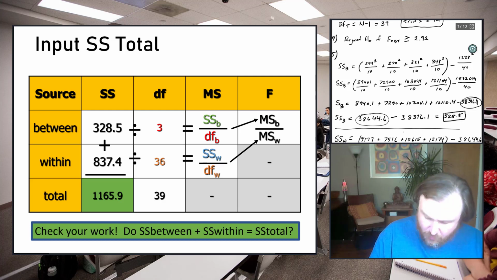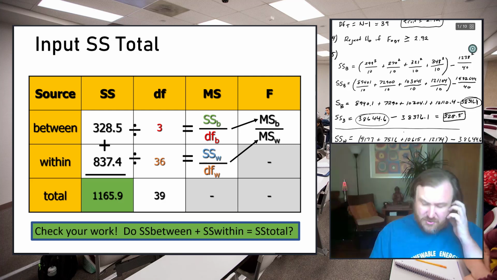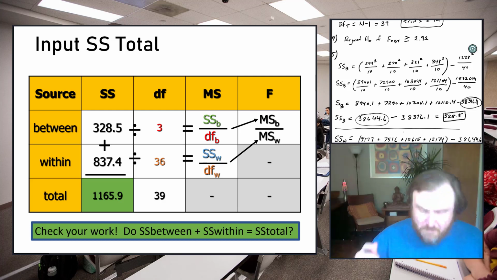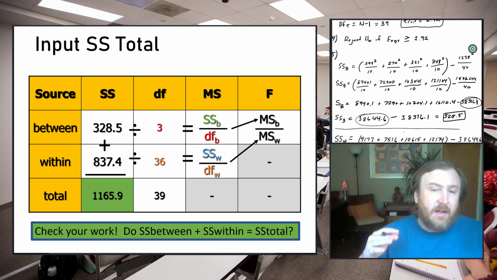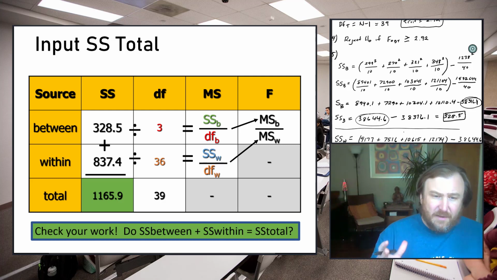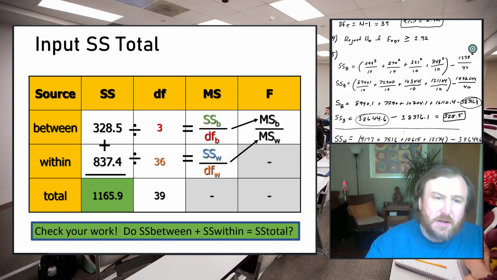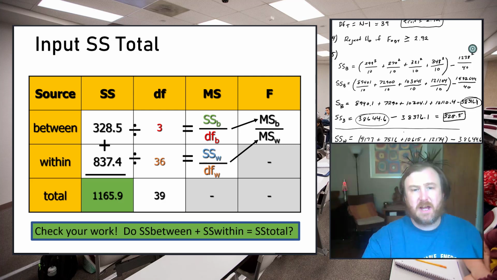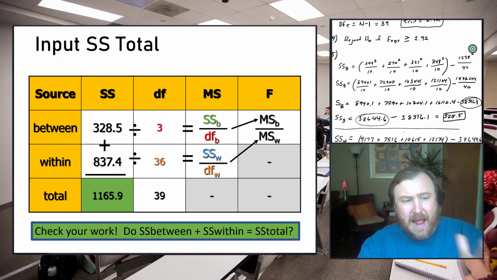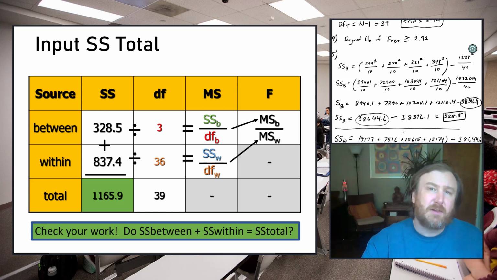So this is a very important step to make sure that these values match. If you get the degrees of freedom incorrectly or the sum of squares incorrectly, this is going to cascade and make errors throughout the remainder of the table. So both of those values you can double check. With sum of squares total, you can add it up in the columns, and you can also use the formula to check it. And with degrees of freedom, you can add up between and within, and that should be equivalent to n minus 1.